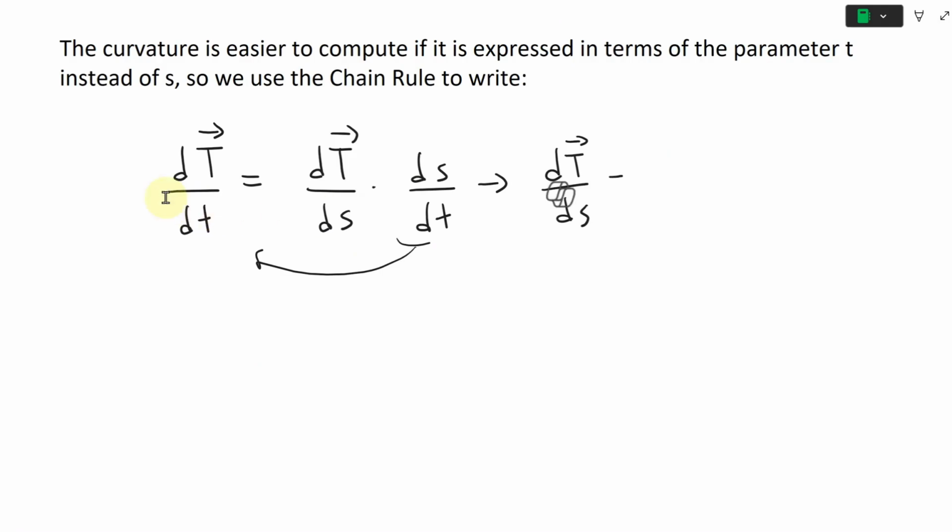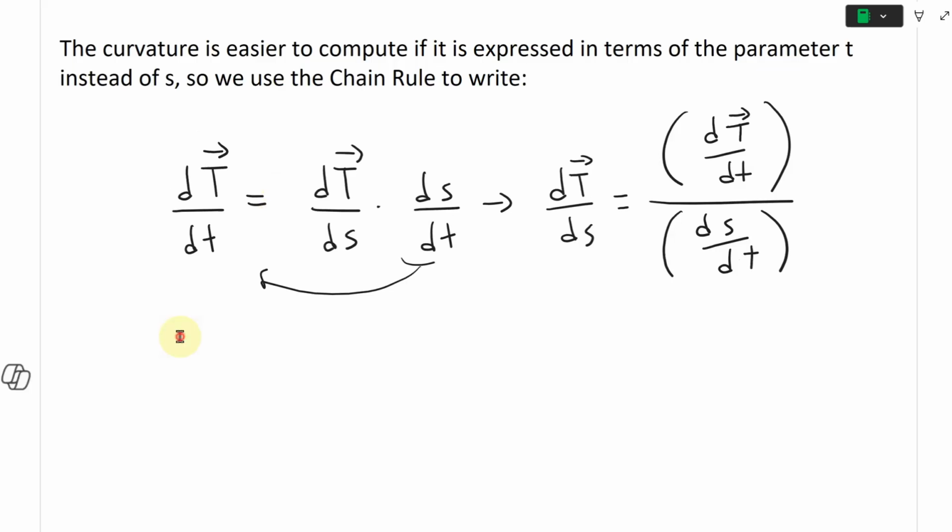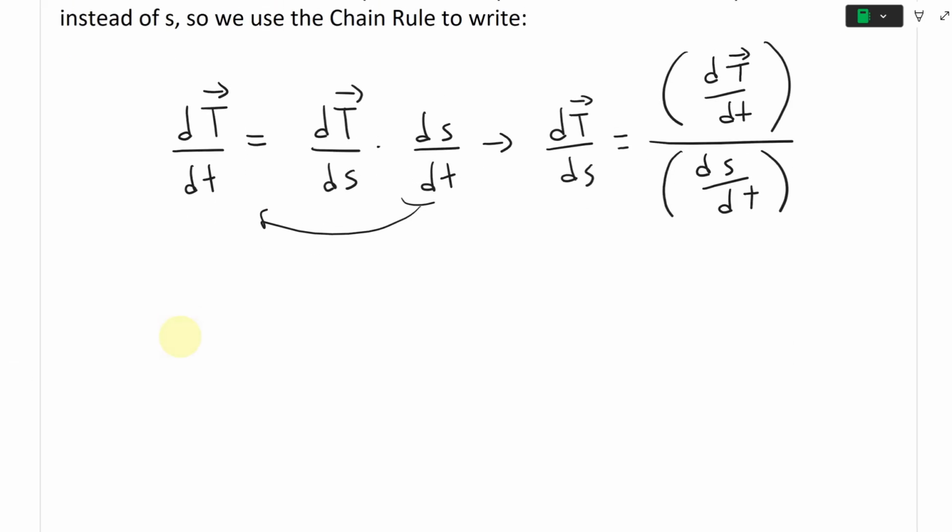This is going to equal the left side, which I'll write as a giant fraction: dT over dt, divided by ds over dt, like that.